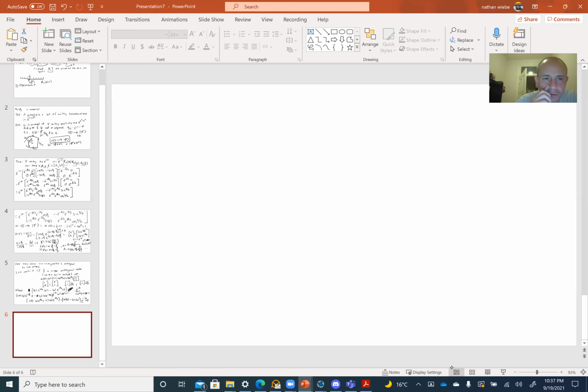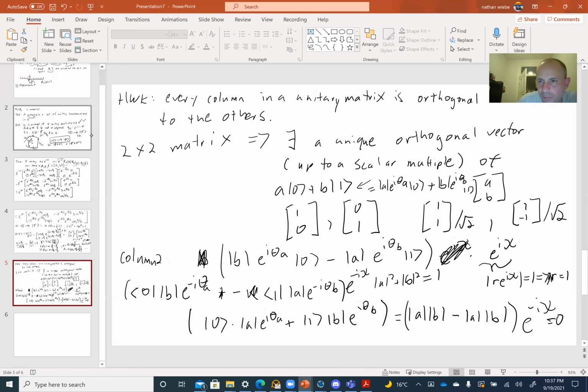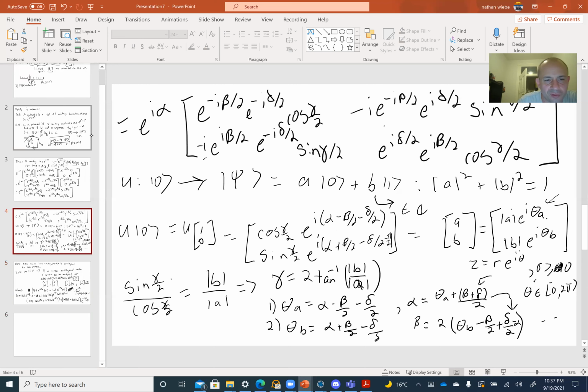Now, the next thing that we end up needing in order to be able to show this is we need to be able to show that with our series of 3 rotations, we can choose the parameters for this column here to end up giving us the appropriate vector.